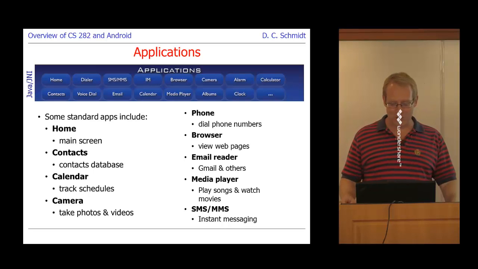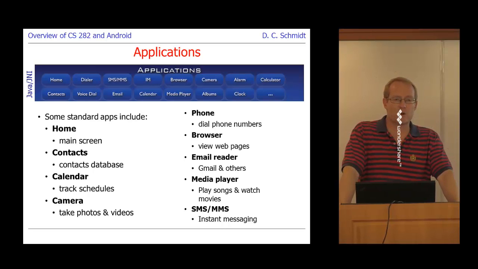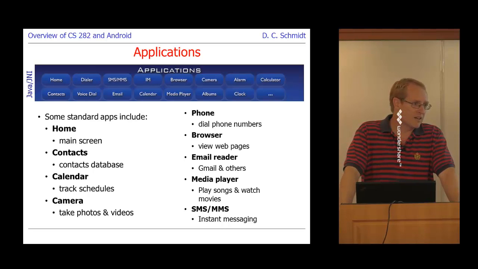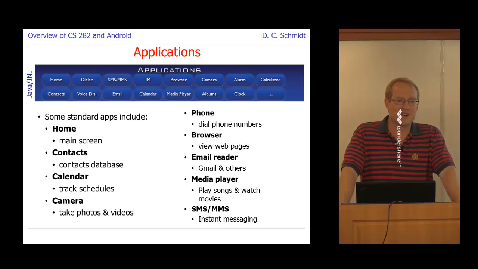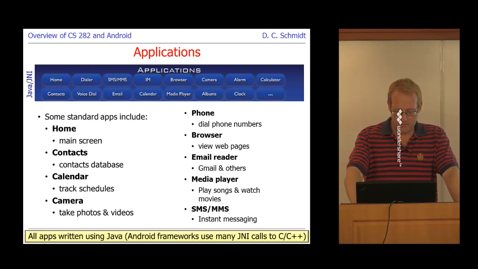Your phone, of course, browser. There's an email reader that comes on the phone by default. Most people probably get Gmail and use that, but there's also an email reader if you don't choose to use Gmail. Media player, instant messaging, and so on and so forth.